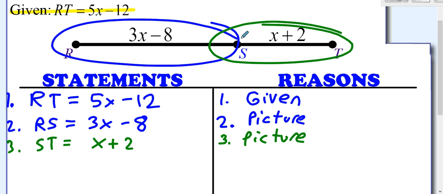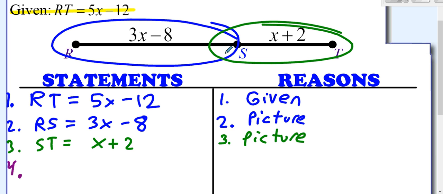So we have the two pieces, the part that I did in blue, the part I did in green, and then the whole thing. RT is the whole thing. It should remind you of the segment addition postulate, where we said the two parts add up to equal the whole thing. So let's write that out.